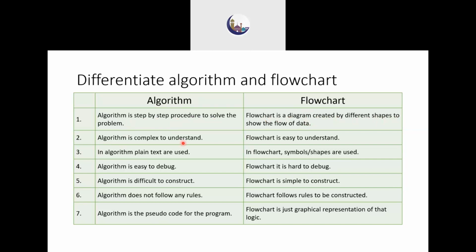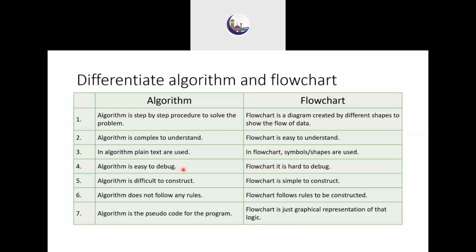It requires knowledge about what is a number, what is the multiplication symbol, what is the addition symbol, and all those steps. Flowchart is easy to understand. An algorithm is plain text English, but in a flowchart there are certain symbols. You need to know what symbol is used for what representation. This is a small thing which you need to adapt here.